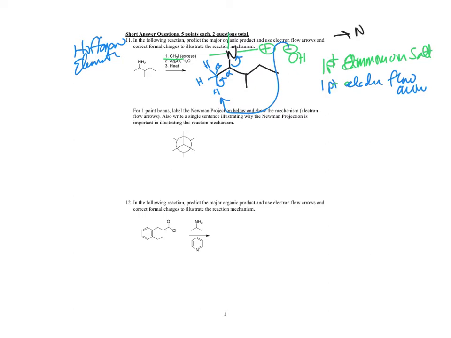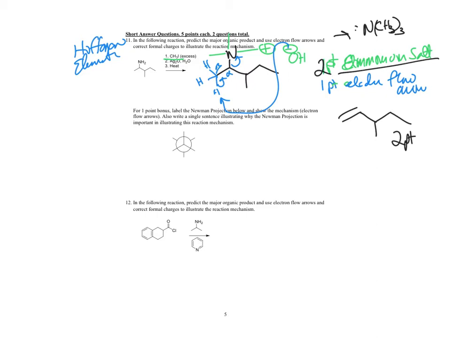So you're going to lose the NCH3, and you're going to get this product. The product is worth 2 points. And I'm sorry, the ammonium salt is worth 2 points.